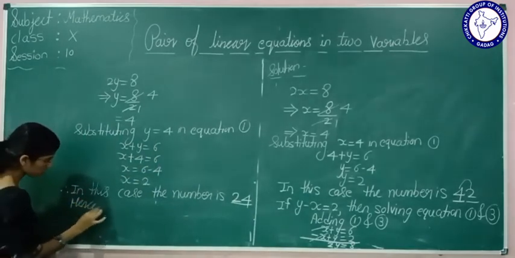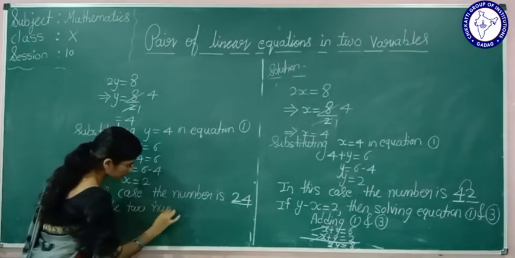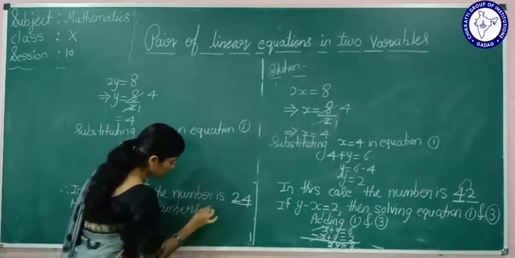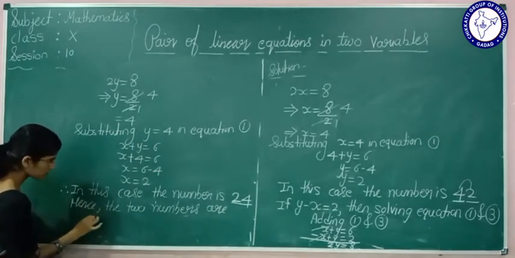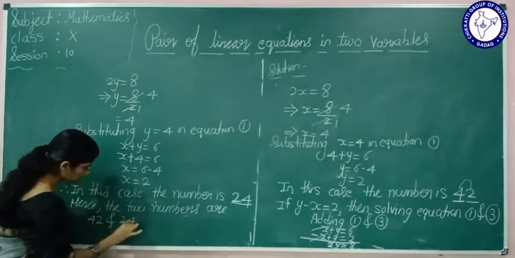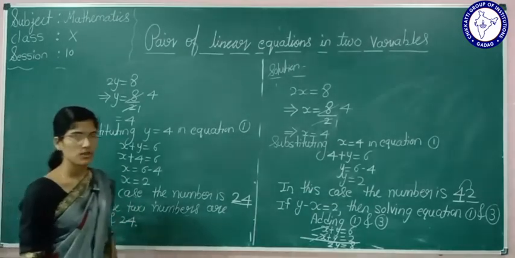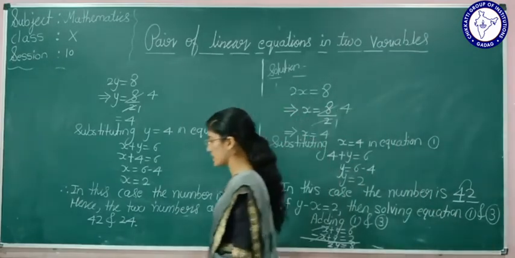Hence, the two numbers are 42 and 24. Okay, we got two numbers here, that is 42 and 24.